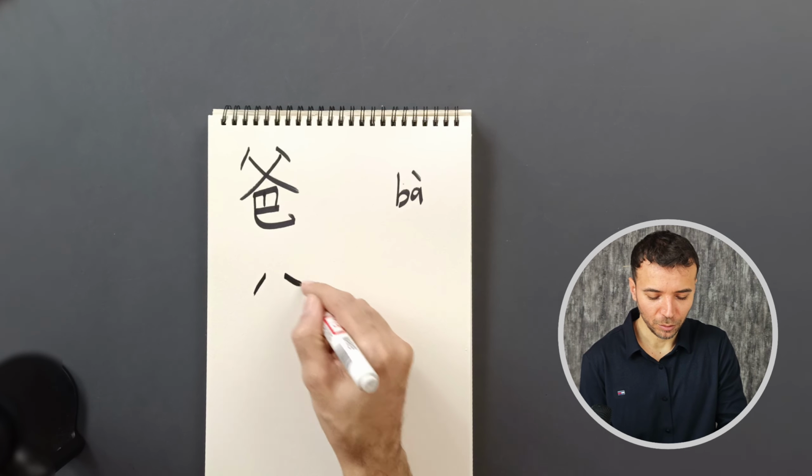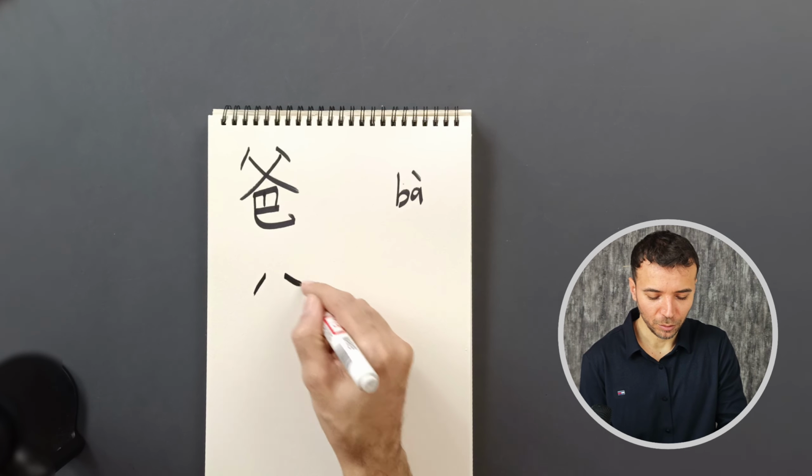Mama means mother. If you remember, we talked about it and we said that a lot of Chinese characters are made of two parts. One part is used for the sound and one part, most of the time, the left part for the meaning. So here, ma, it was used for the sound, ma.